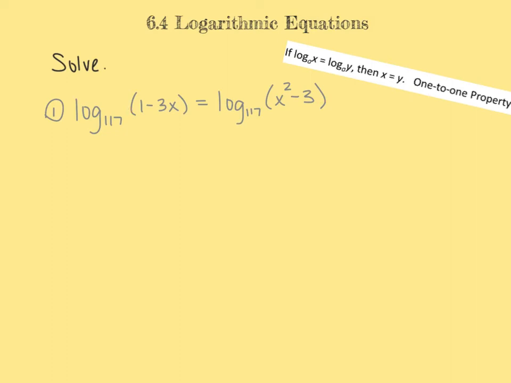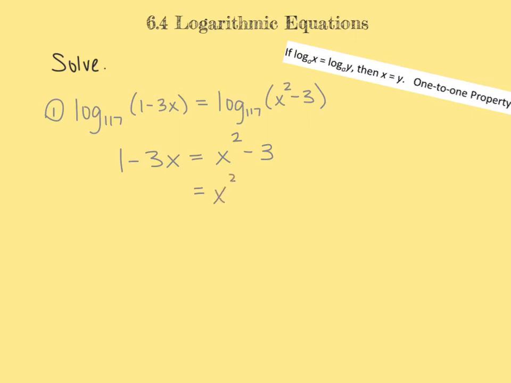So we can set 1 minus 3x equal to x squared minus 3. Once we have this, we see that we're going to have a quadratic, and we want to set the quadratic to 0 and keep the quadratic term positive. So the quadratic term is positive on the right-hand side. So I'm going to subtract 1 and add 3x to both sides.